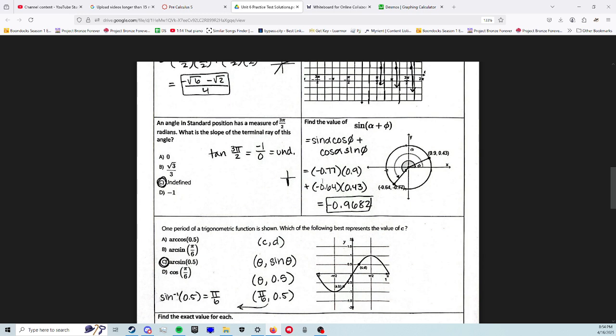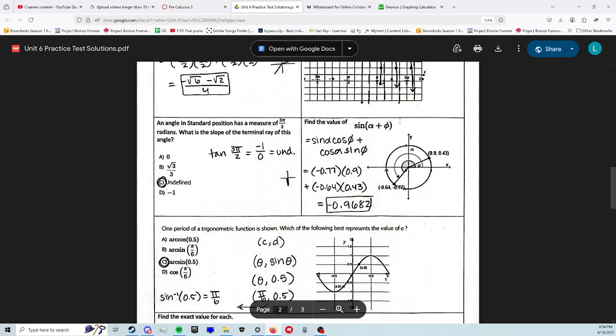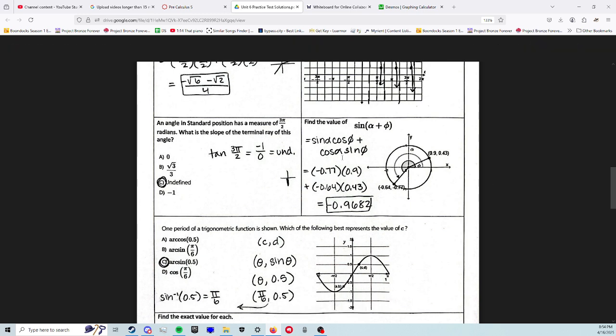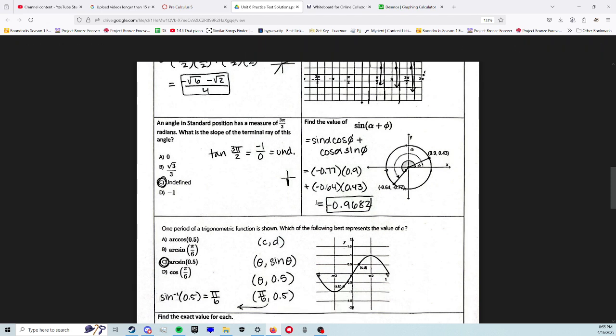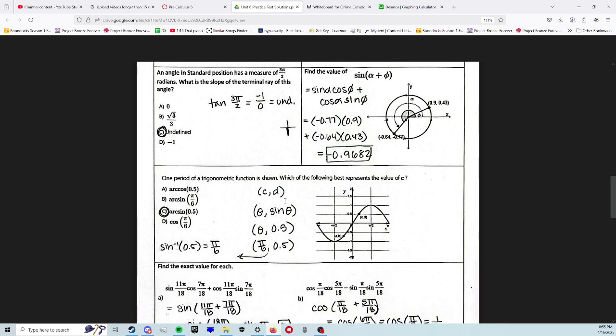You add negative 0.64 times 0.43. 0.64 is the cosine A. Then sine B is the y value of B, which is 0.43, and you should end up with negative 0.9682. I'm sorry for not being able to show you. I just don't want to draw all that, and I still have another page to get to.